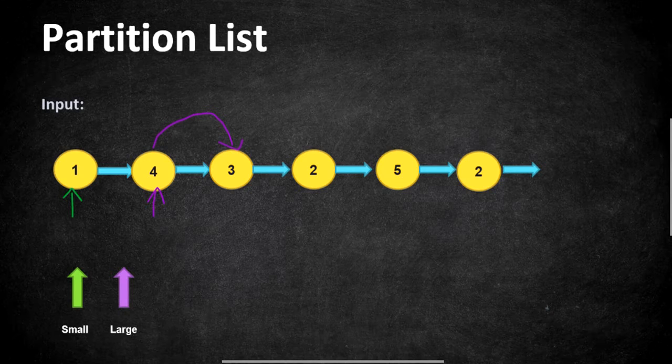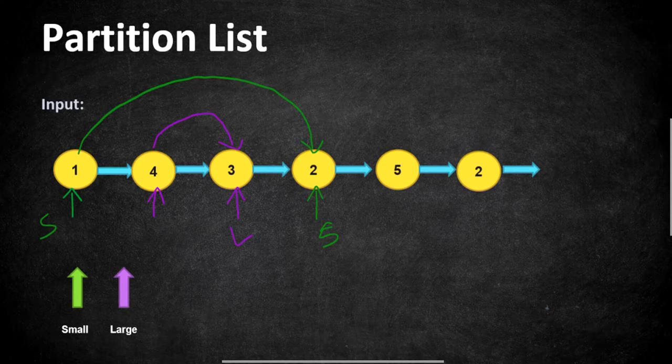Moving on to the next node, which is 2, which is less than 3, so it comes under the small category. So we point 1 dot next, that is small dot next, to 2, and now small becomes 2, and in the same way large moves to 3.